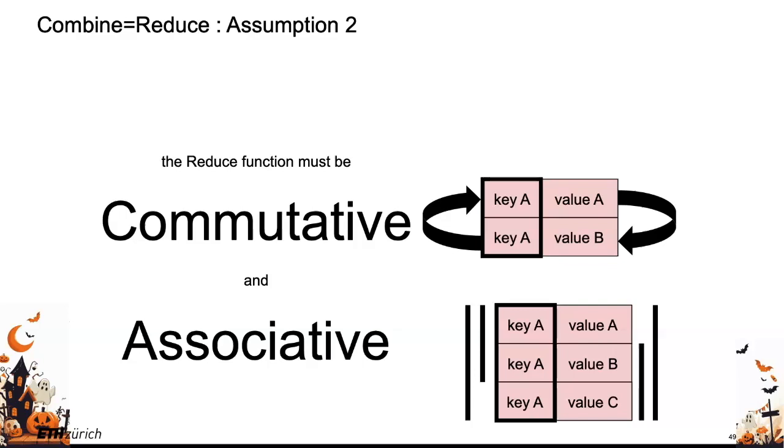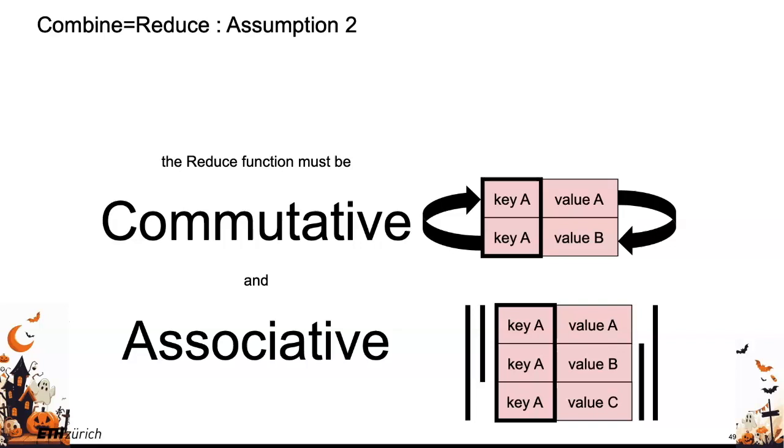It must be this. Now, if you're a mathematician, you might not be satisfied with me calling the reduce function associative and commutative, because mathematically speaking, if you consider it mapping key values to key values, that is not strictly speaking the right way of calling that. But it's just the intuition that whatever operator you use in order to aggregate the values on the right side must be commutative and associative.